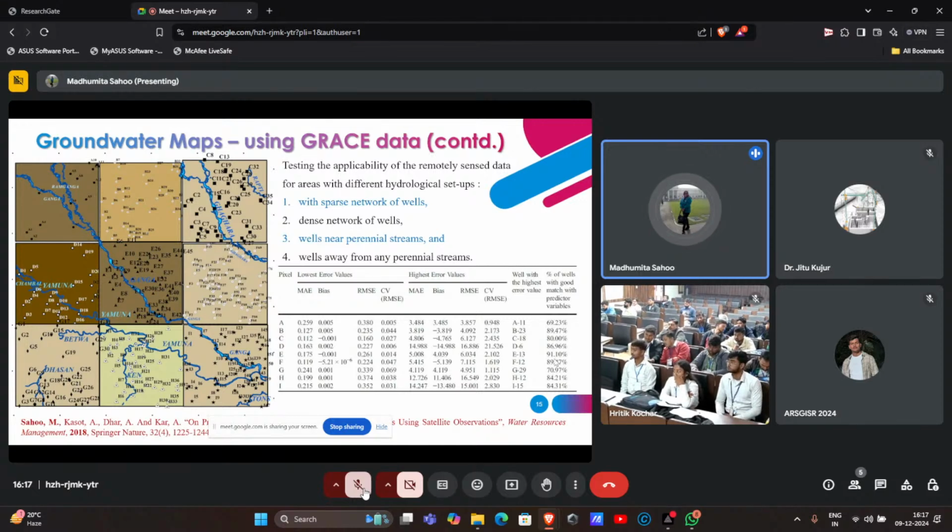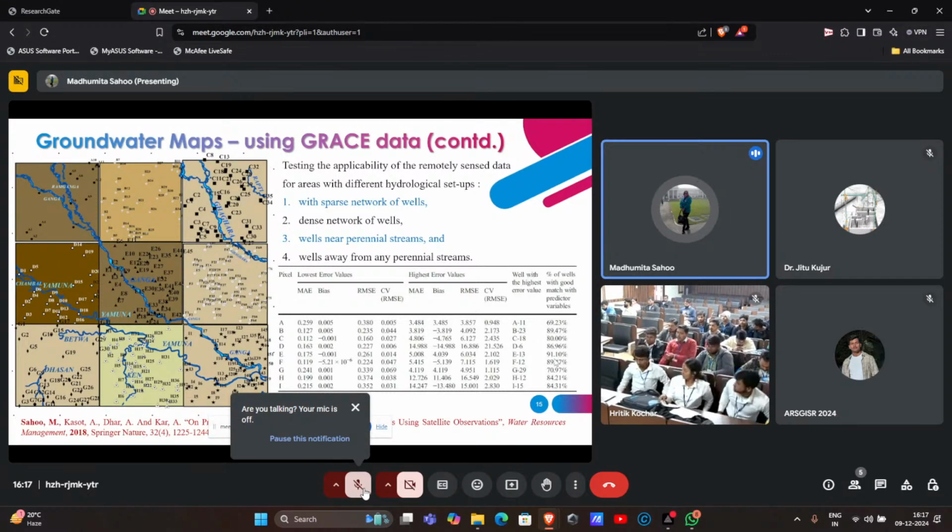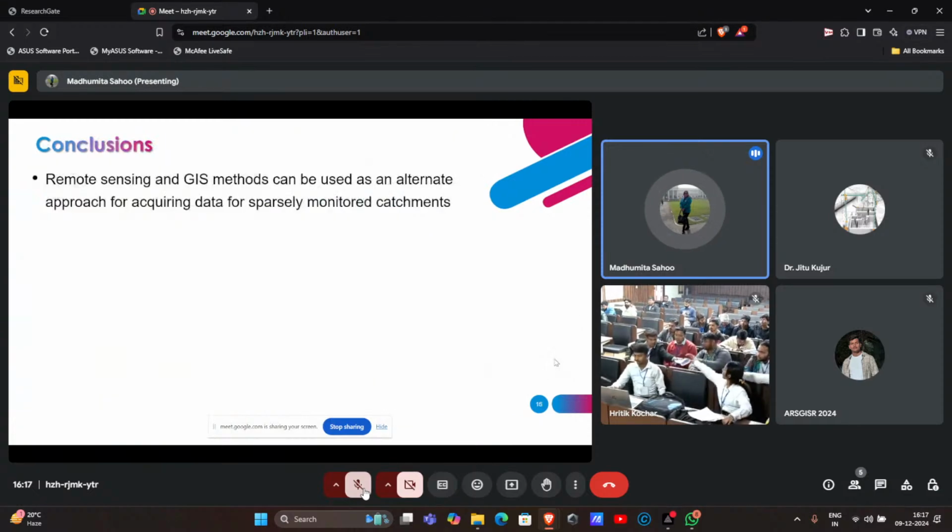After that, we try to see if the values which we get from the GRACE data can be used along with the ground data which we have for the groundwater from the groundwater wells. So this is a bit of an exercise, but still it's something. Like we say, something is better than nothing. So in case of no data, this is some data which we can use.